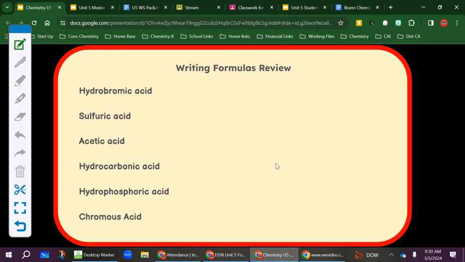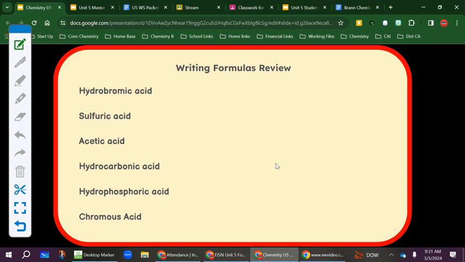What's wrong with that is that it's an OUS acid, so it came from an ITE polyatomic. It did not come from bromate.